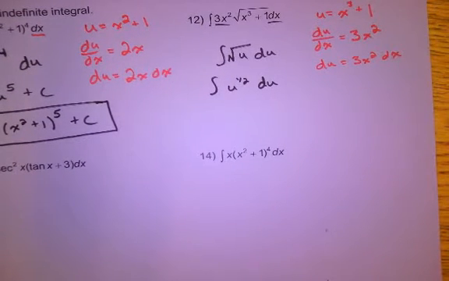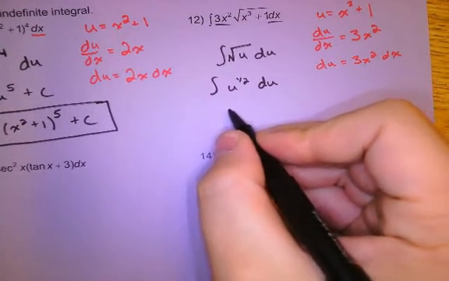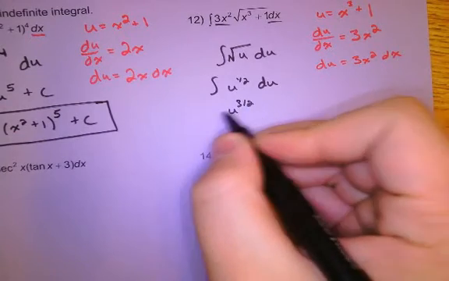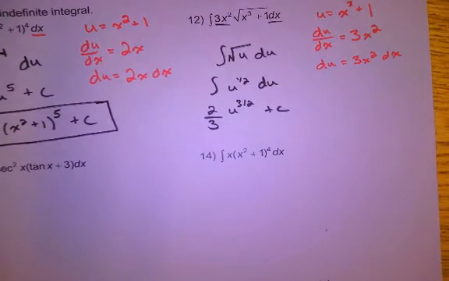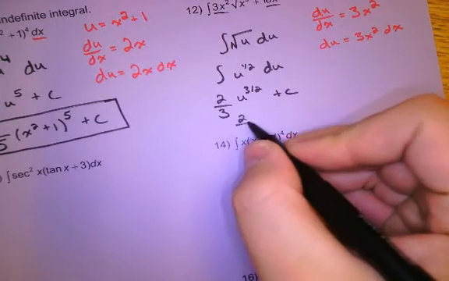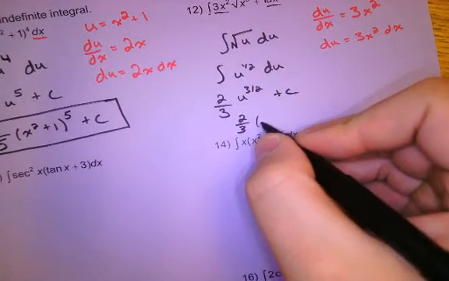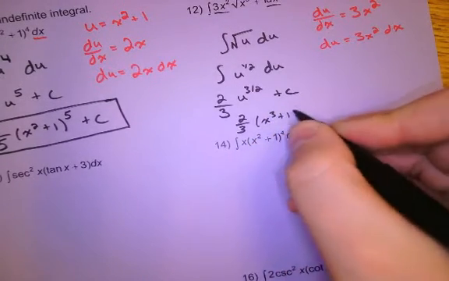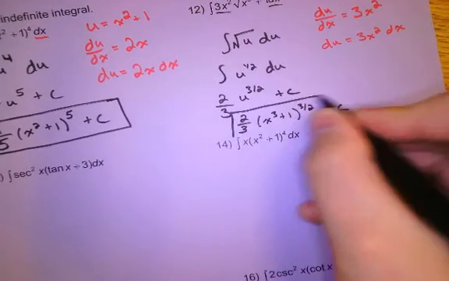So what is the antiderivative of u to the 1/2? So u to the 3/2 multiplied by the reciprocal plus c. I can't have u in my answer, so I need to write this as 2/3 x cubed plus 1 to the 3/2 plus c.